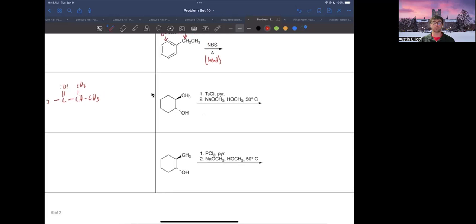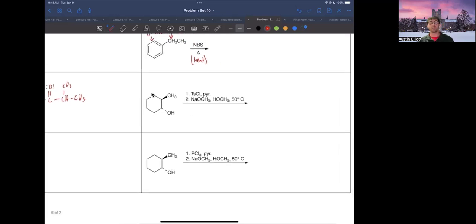Now moving down to these two. This is where I was talking about that inversion of stereochem. It can be a little bit confusing, but it's very important to remember this. This is very helpful for regioselectivity and getting certain types of products or certain types of stereochem products.